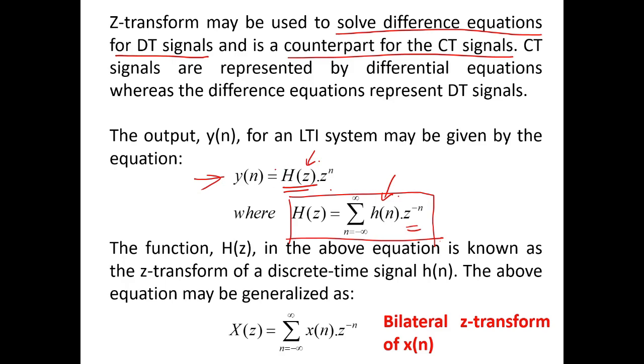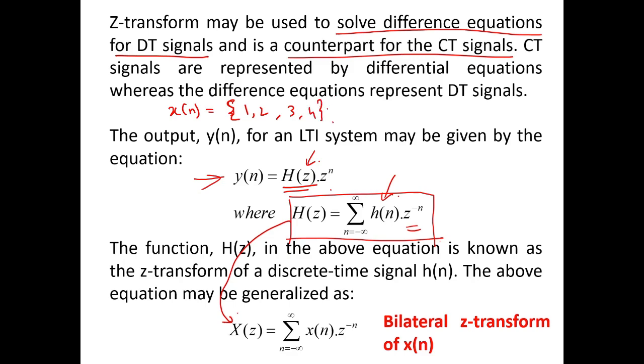If we want to generalize this equation, the Z transform is given by X(z) equals the summation of n equals minus infinity to infinity x(n) into z to the power minus n. Suppose I am given a signal x[n] equals 1, 2, 3, 4, for example.